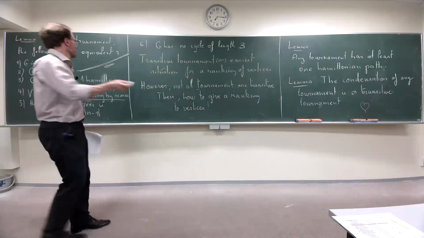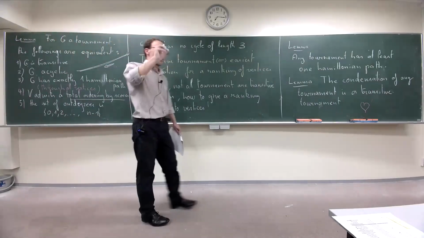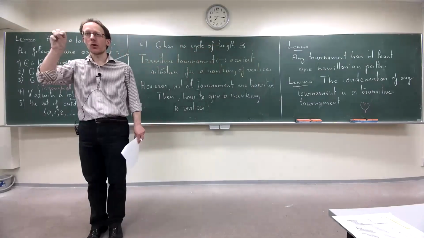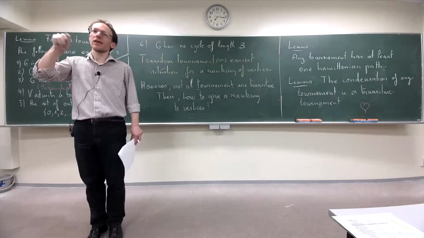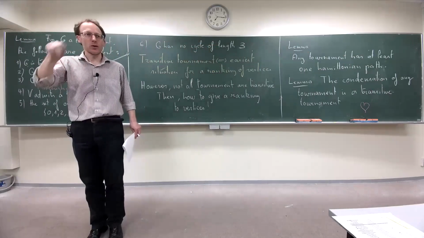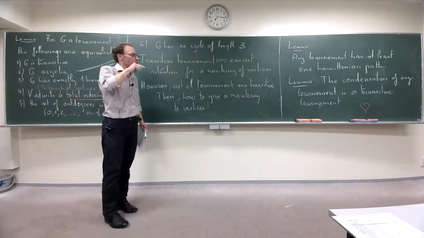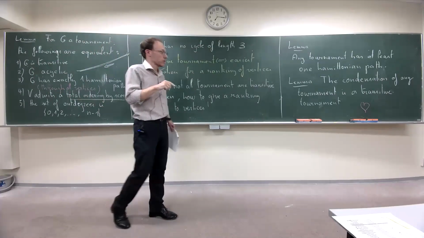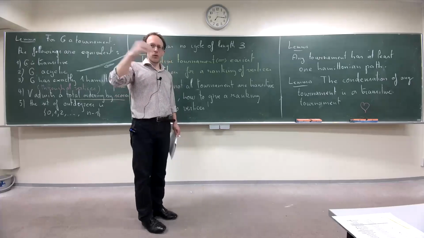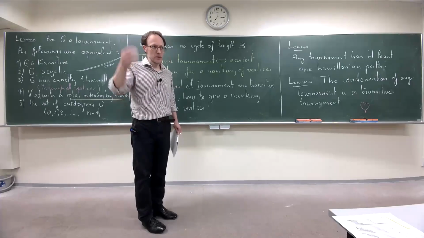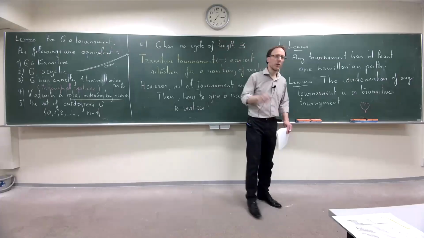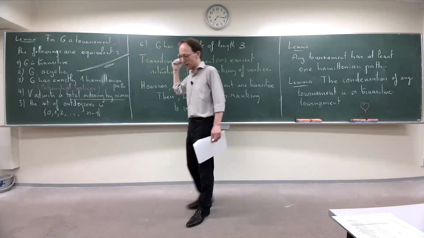It means you have a tournament, complicated. What does condensation mean? You put together the strongly connected components. So you put together the guys which create a circle. You can go from all vertices in a strongly connected component to all vertices in the same component. You create a new graph. Then this new graph is a transitive tournament, which means then you can apply this ordering.